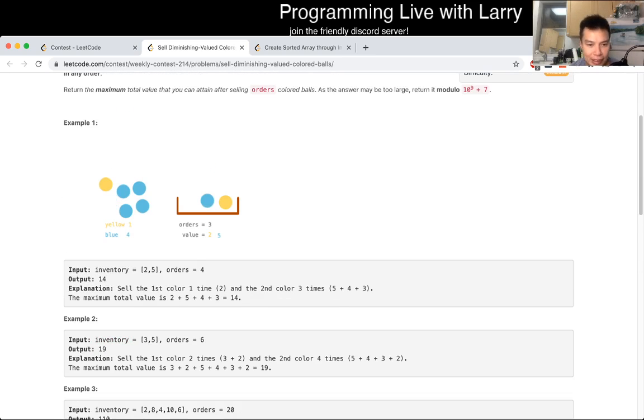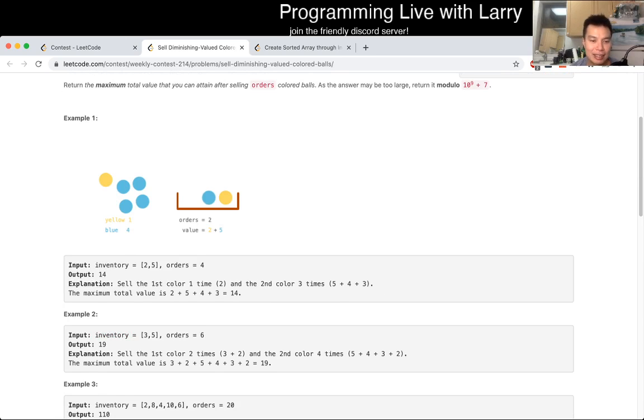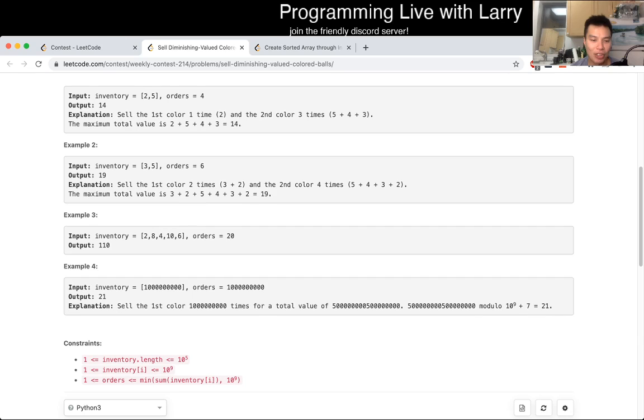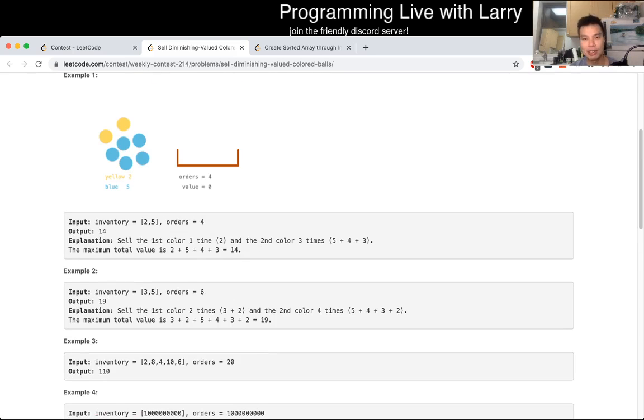The thing that we look at after that is that inventory values could be up to 10 to the 9, which is a big number. And the number of orders can also be up to 10 to the 9, which is definitely a big number. My first instinct looking at this, given what we said about greedy, is that if we want to get the max every time, there's a very natural data structure for it: we put everything in a heap.